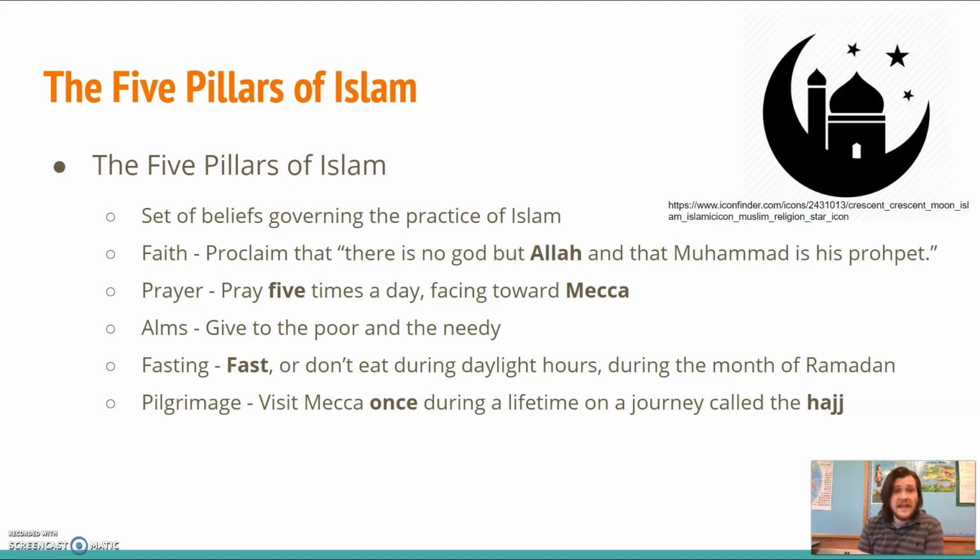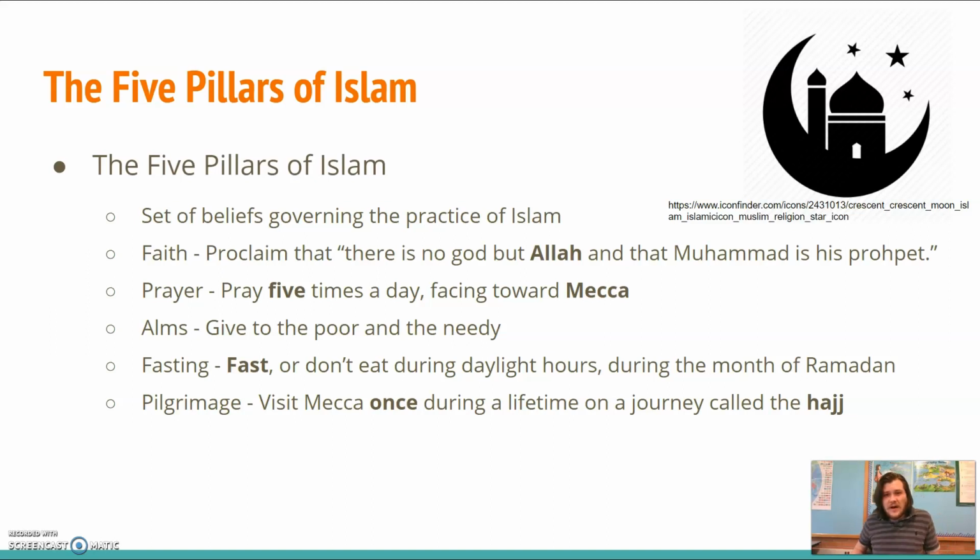The first one is faith, and that is to proclaim that there is no God but Allah and that Muhammad is his prophet. The second is prayer. Muslims must pray 5 times a day, facing the direction of Mecca. Alms is another pillar of Islam, and that's to give to the poor or needy. Fasting.